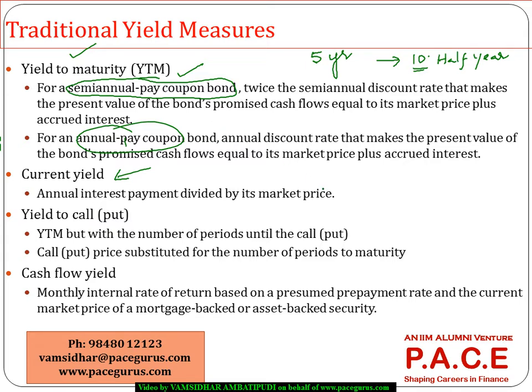So the typical way we try to compute that is whatever is the annual coupon amount, divided by the market price as of today or as of the purchase date. So basically for this year, if I am going to purchase the bond right now, what is going to be the return that I am going to get? In the next 1 year, what all coupons am I going to get, divided by the price at which I am purchasing it.